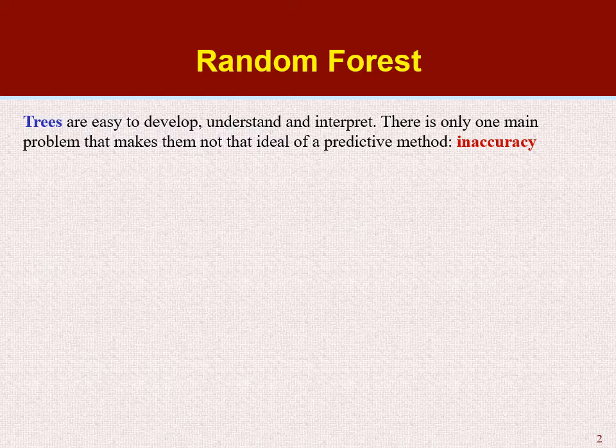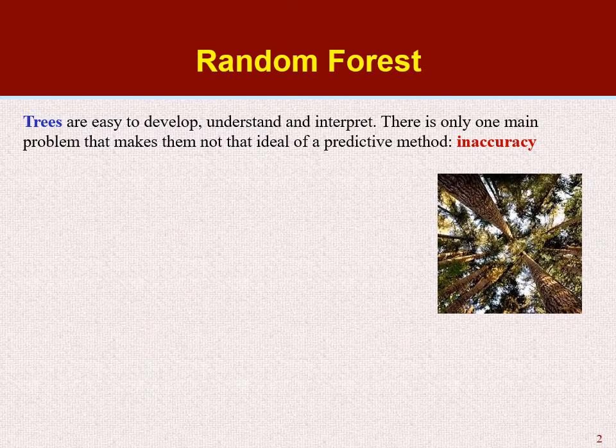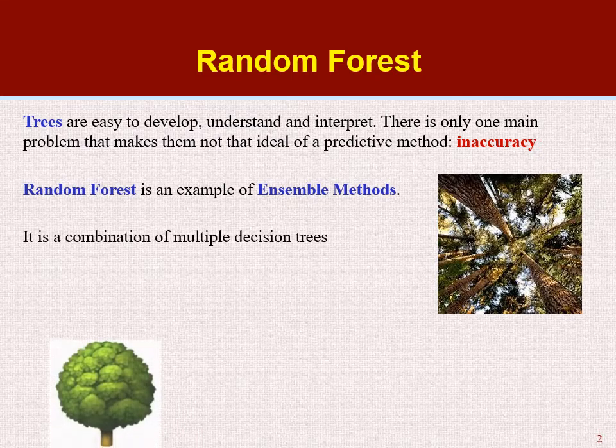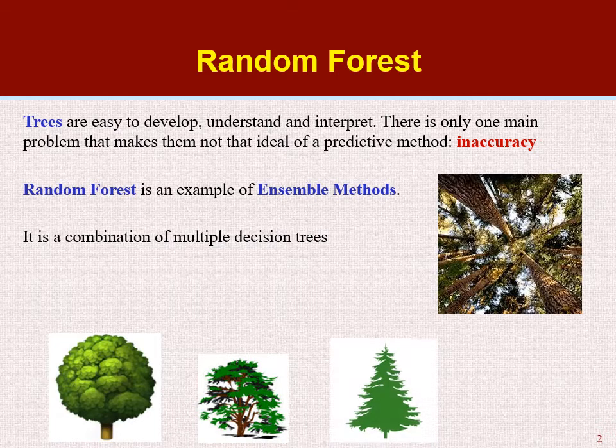Luckily, there is a method to overcome this problem, and that's actually a kind of new method. It's called random forest. Random forest is an example of ensemble methods. Random forest is a combination of multiple independent decision trees.